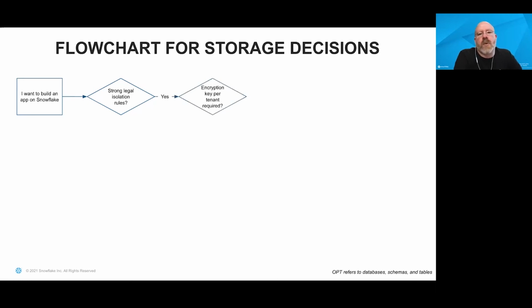If you do, what are the impacts of those? Do you need to have an encryption key per tenant? Is that something that's important to your application or to your industry or your agreements with your customers? If you do, you're going to have to go down the account per tenant model, because account is the only level at which we can use that Tri-Secret Secure feature, where you would be able to set a different encryption key per tenant.